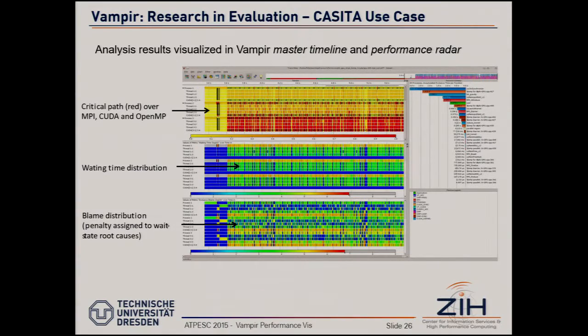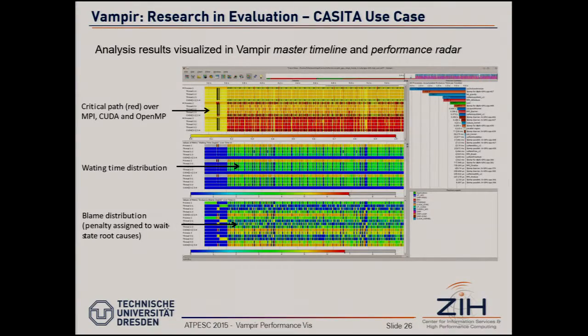On which processes, or in this case OpenMP threads on a Xeon Phi, are you spending time? So who's on the critical path? And out of this, you can generate blame. So what are the functions that generate this? Who is responsible, or who is a good optimization target?